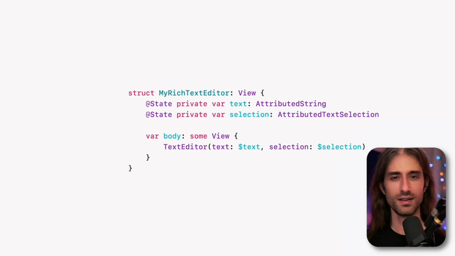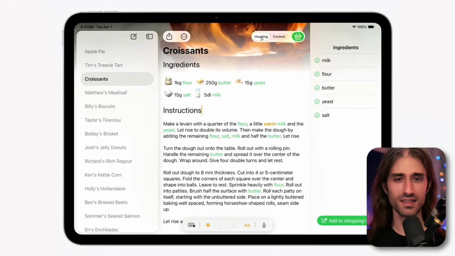And finally, the last feature I wanted to show you is that in SwiftUI, the text editor view is now compatible with attributed strings. And so you can create a rich text editor in your app. This could be quite interesting and powerful for apps that focus a lot on the user entering text. Think about all of the notes apps, all of the journaling apps, and I guess a good part of the productivity apps.